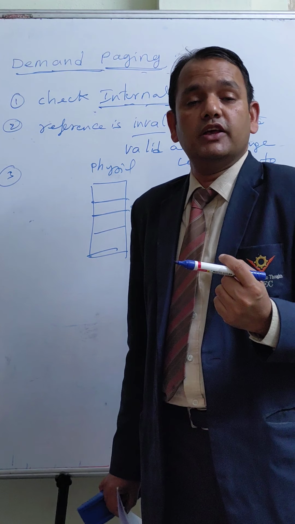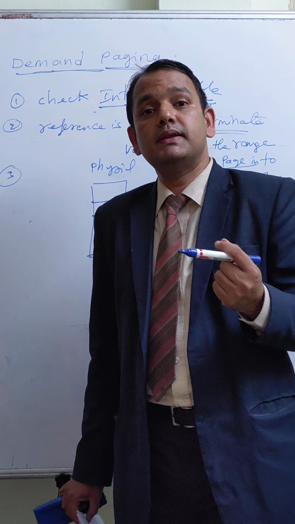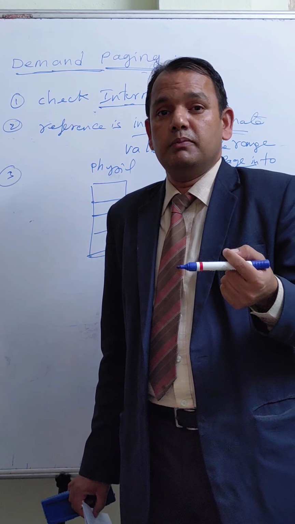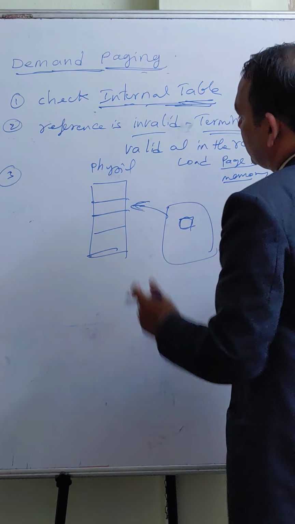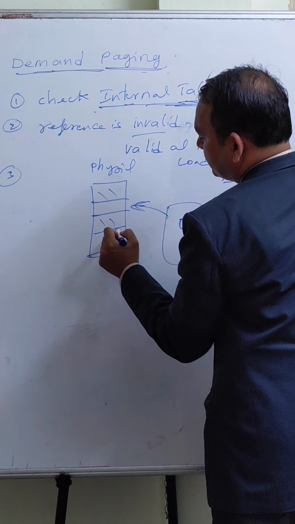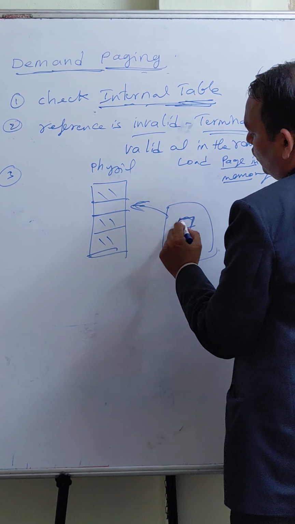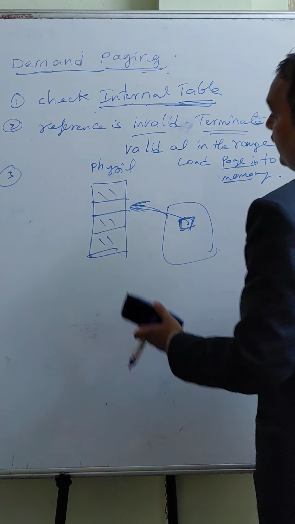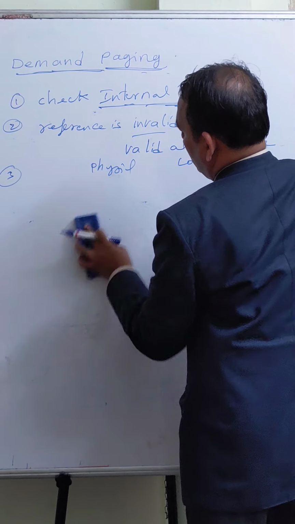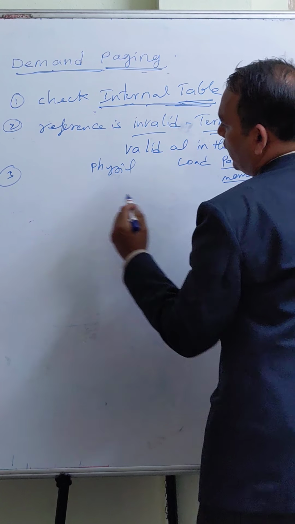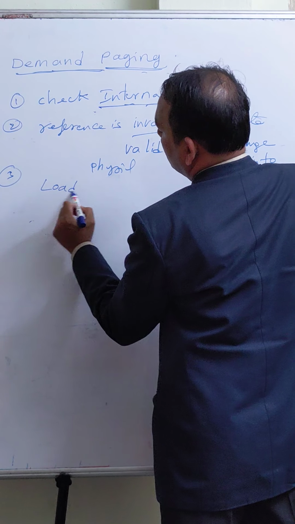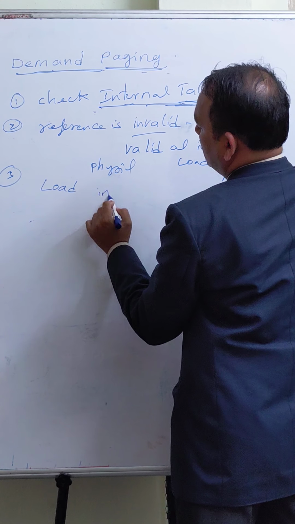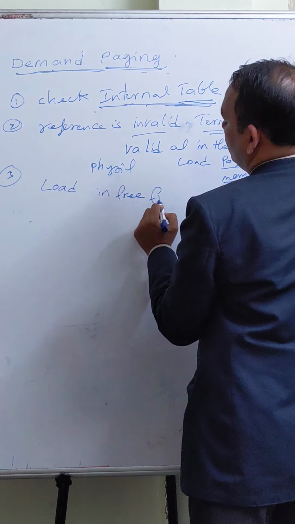This physical memory has a small table. It's called the frame table. Which frame is free? Which frame is occupied? If it is free, and this is all occupied, if it is free, then we have to load this particular page into the particular free frame in the memory. Third point is load in free frame.